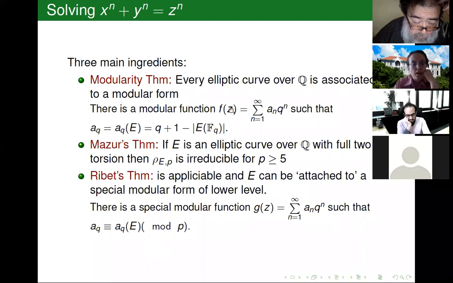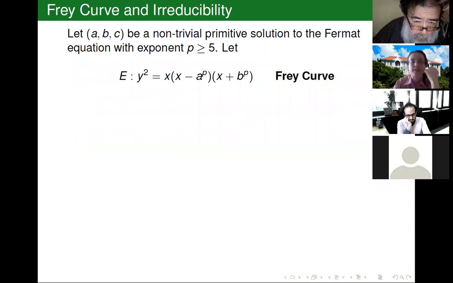Okay, so those are the three main ingredients, and then how they come together, at least in the case of Fermat's last theorem. Yasemin tomorrow will give you even better examples of how this machinery works.